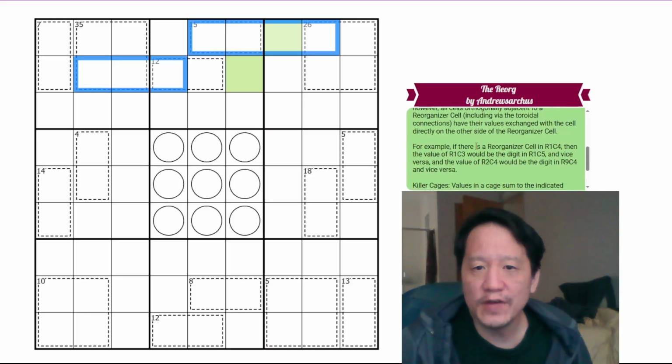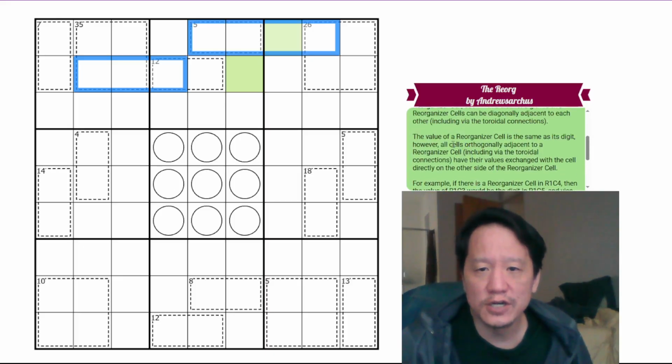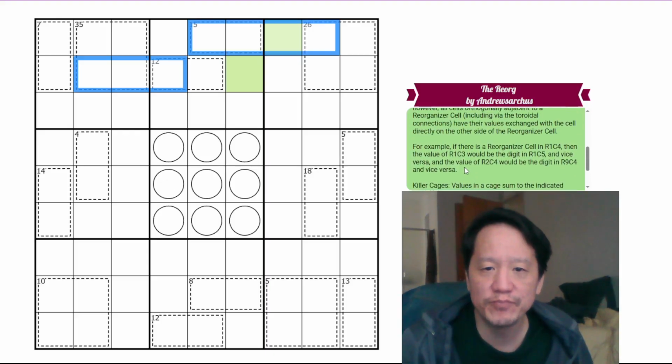The value of a reorganizer cell is the same as its digit. However, all cells orthogonally adjacent to a reorganizer cell, including via the toroidal connections, have their values exchanged with the cell directly on the other side of the reorganizer cell.